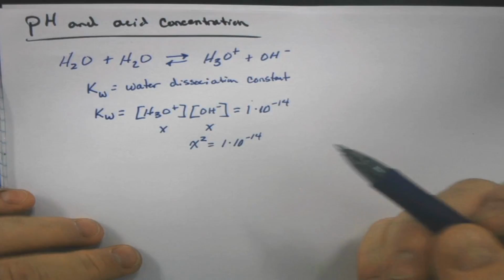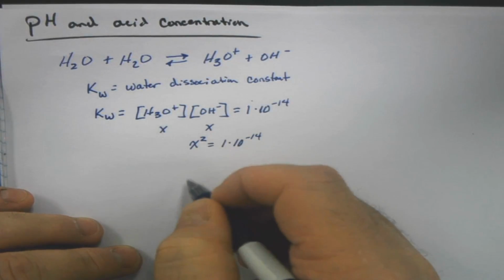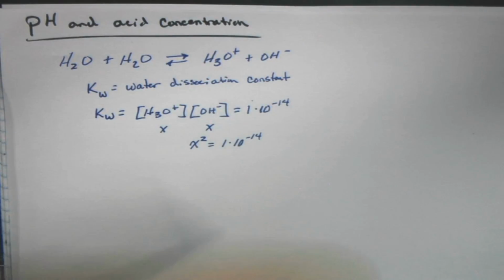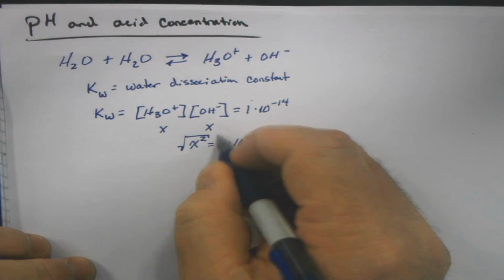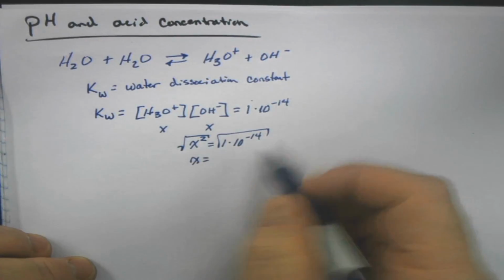Now, if we're really going to be algebraic, we would move this to the other side, x squared minus 1 times 10 to the negative 14th, and then we factor it, and we get 2 solutions, and that's how you get a positive and negative solution. We can just square root it. Square root both sides, and this is going to be x equals, what's the square root of this going to be?